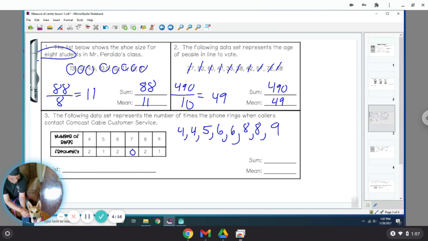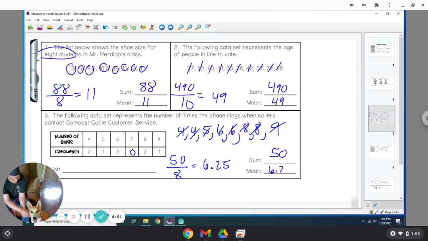So you're going to add them together: 4 plus 4 plus 5 plus 6 plus 6 plus 8 plus 8 plus 9, and you get 50. Then you're going to take 50 and divide it by 1, 2, 3, 4, 5, 6, 7, 8, so you're going to divide it by 8. 50 divided by 8 is 6.25.